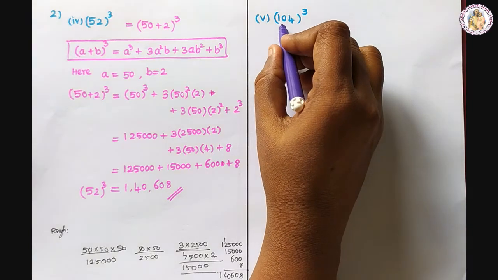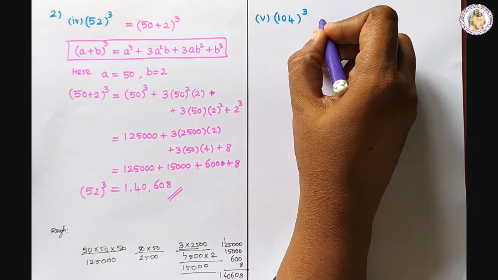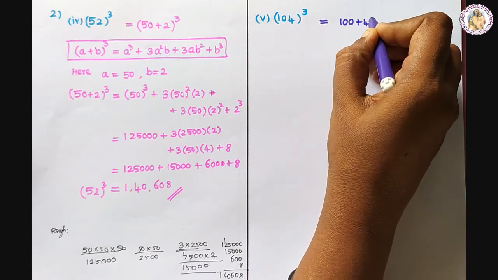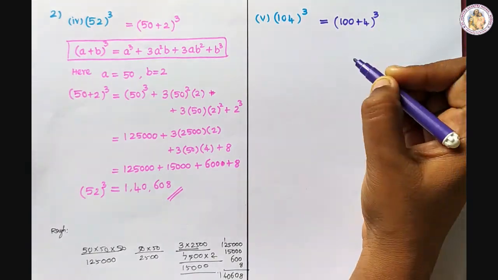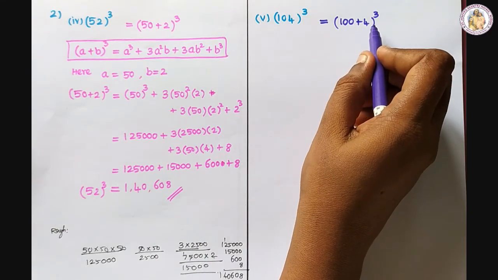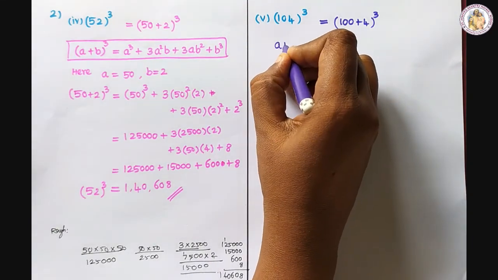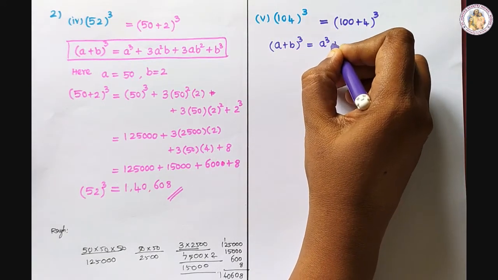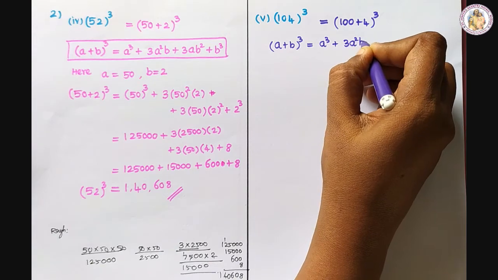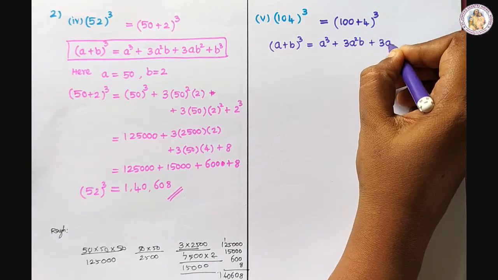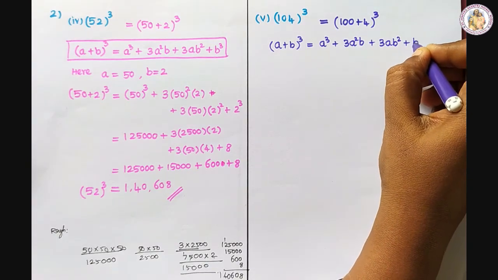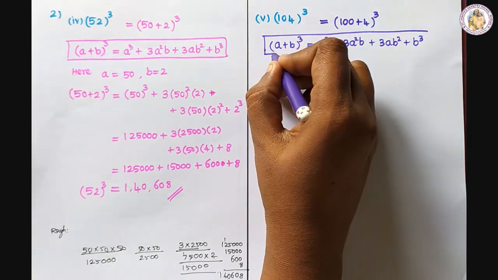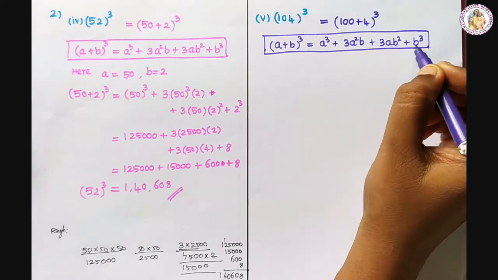Fifth one, 104 whole cube. How will you write that? 100 plus 4 whole cube. Listen, here it is in the a plus b whole cube form. So a plus b whole cube equal to a cube plus 3a squared b plus 3ab squared plus b cube. Now substitute the values.